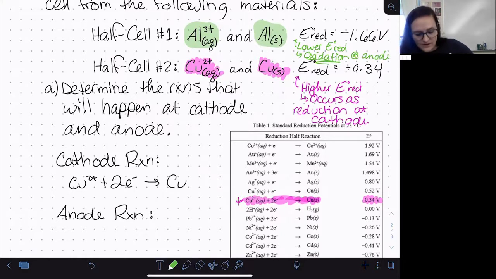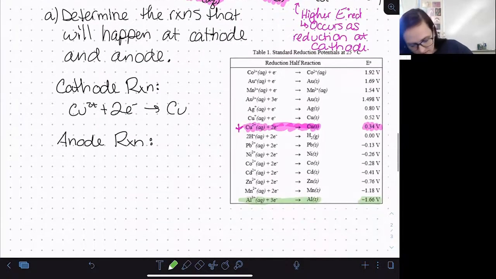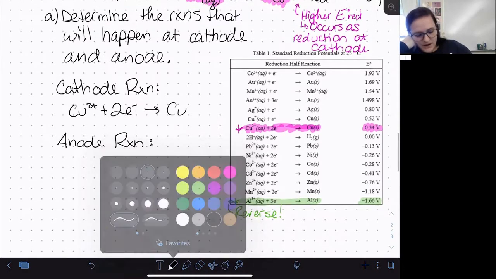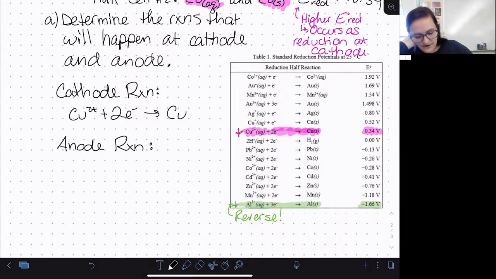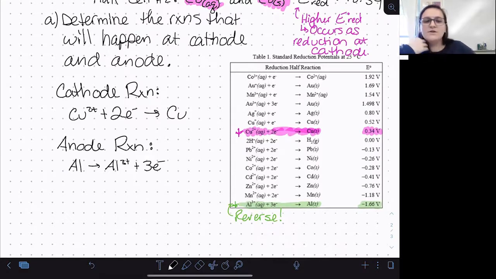So that means that we're going to take the reverse of this reaction. Since it's written as a reduction, we're going to take the reverse reaction, and that is what will happen at the anode. Since reduction and oxidation are just opposite processes, flipping the reaction gets us the oxidation.